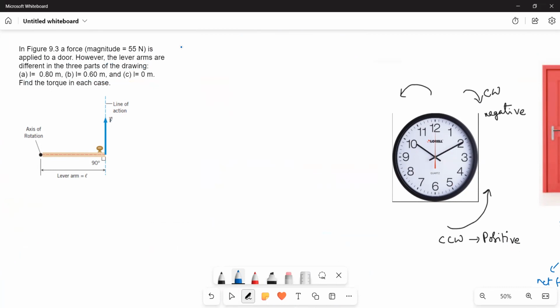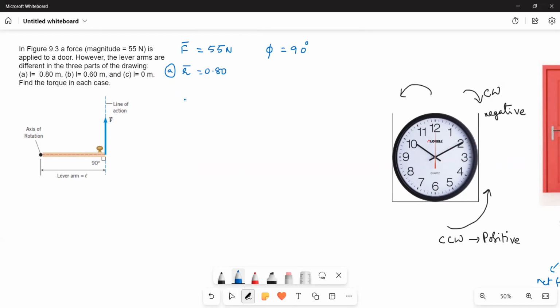So first I will write the force. Here, force is equal to 55 newtons, and the angle phi is equal to 90 degrees. These two are constant. They are not changing throughout the question. So for the first bit, R bar is equal to 0.8.